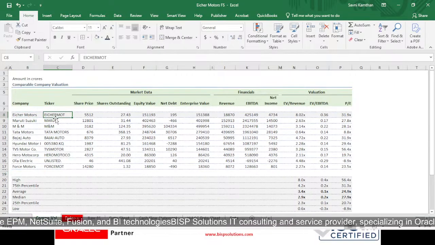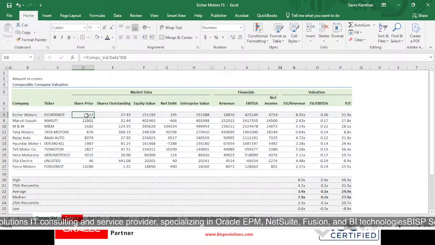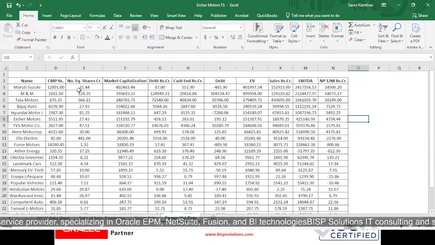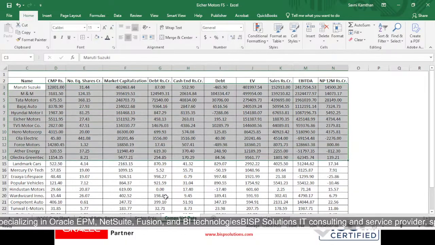And my ticker, where you can search for the ticker of the same company. I have given my tickers for this company. Then coming to my share price, I have linked it with my data over here, number of shares, every single thing is provided over here.